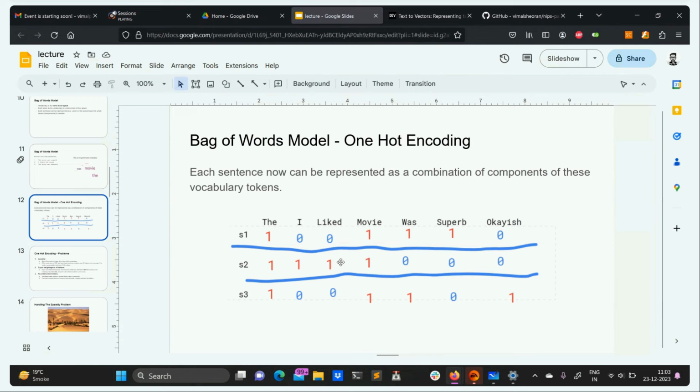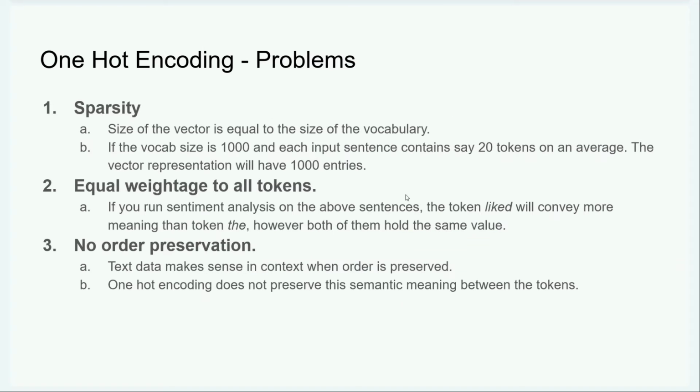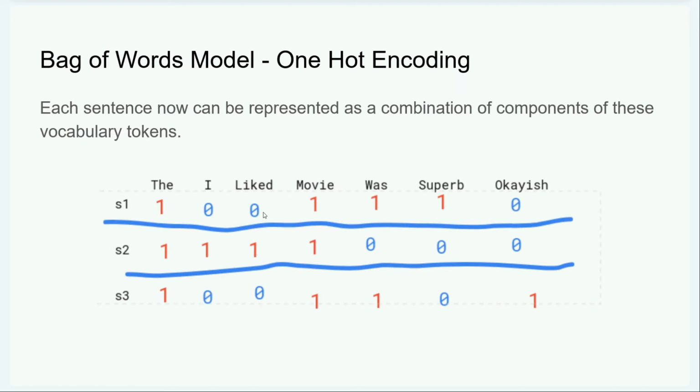So this is the very basic way of understanding word vectors, which is the bag of words model. Now there is an issue with this kind of encoding. The first issue is sparsity. If you look here, the vocabulary is of size 7.